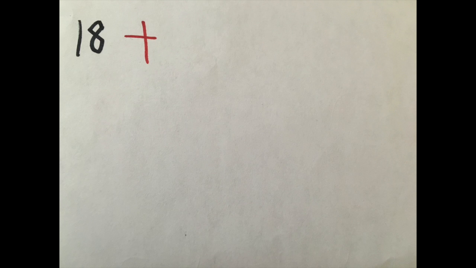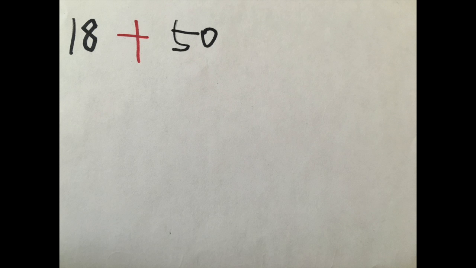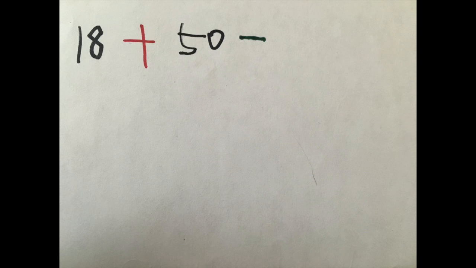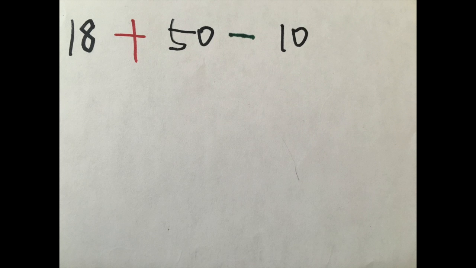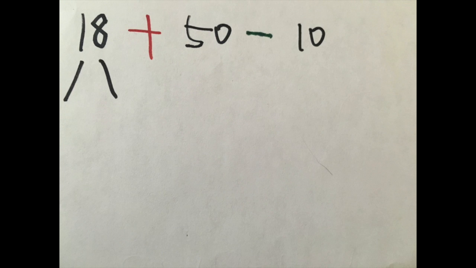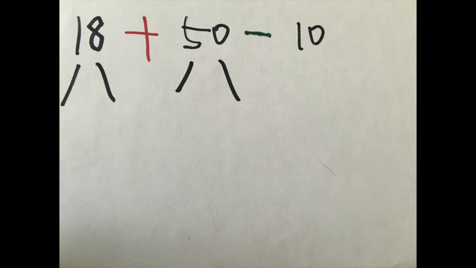To calculate this problem, we already know that Sam has 18 buses, and then he buys 50 more buses, and then he sells 10 buses to another company. So we need to do 18 add 50 and subtract 10.